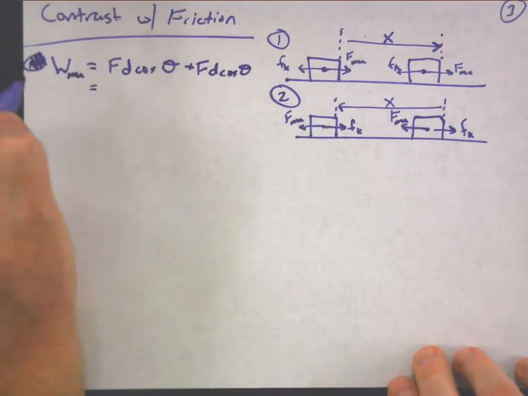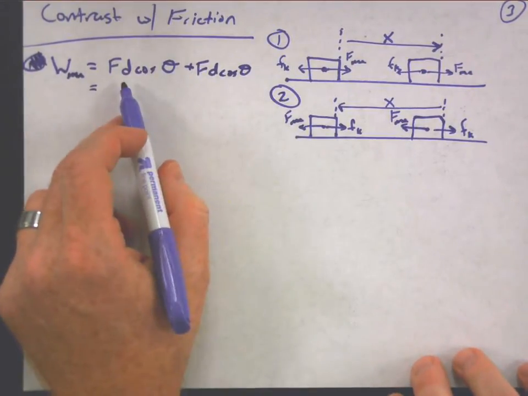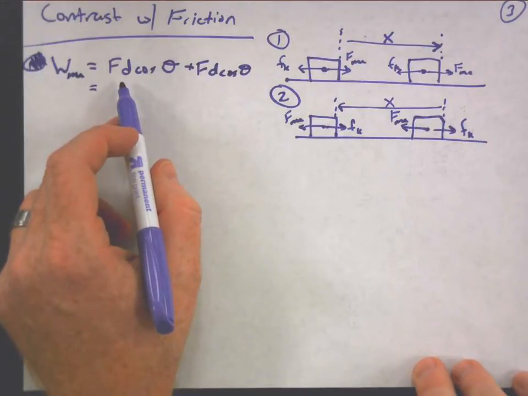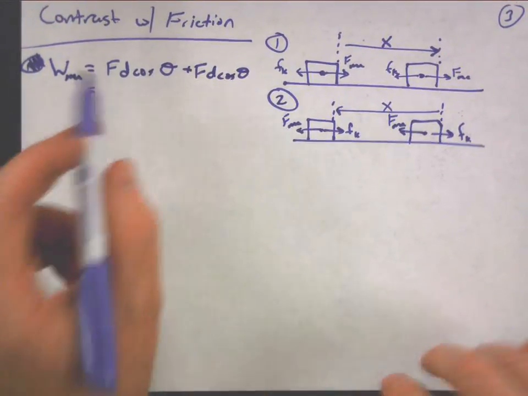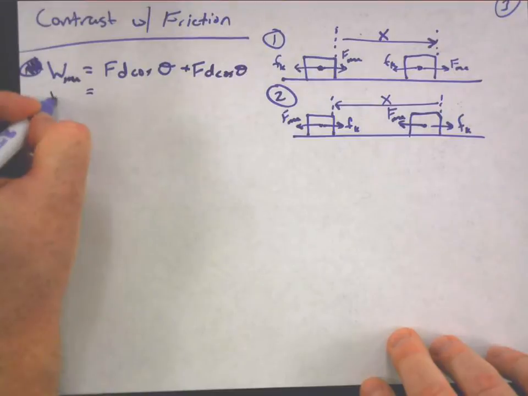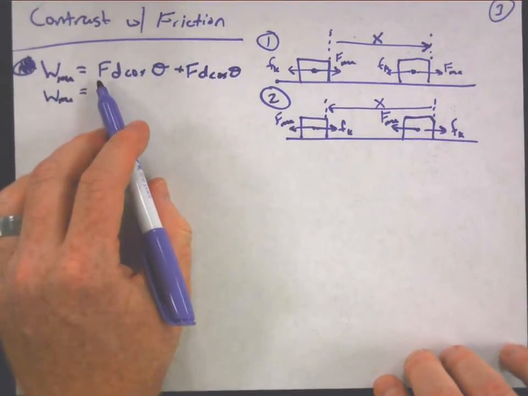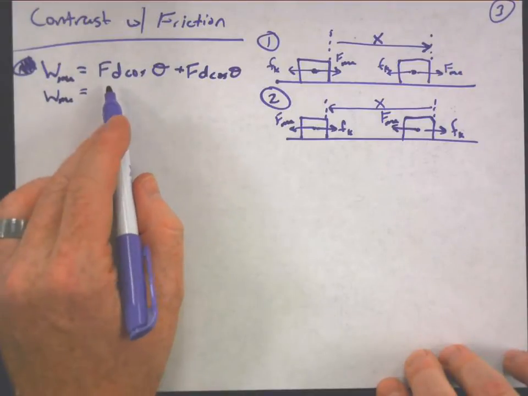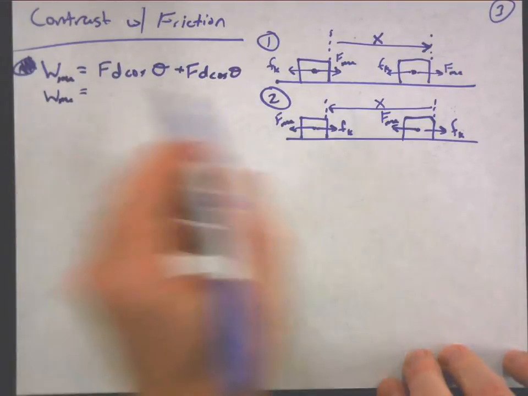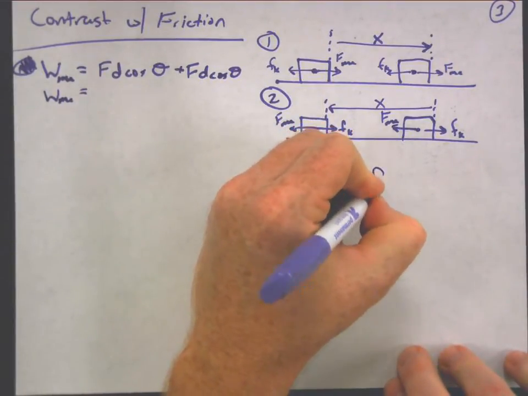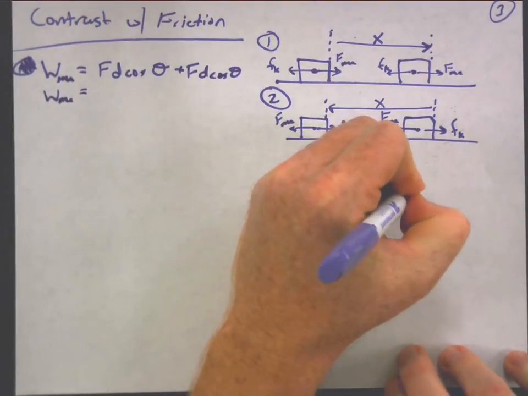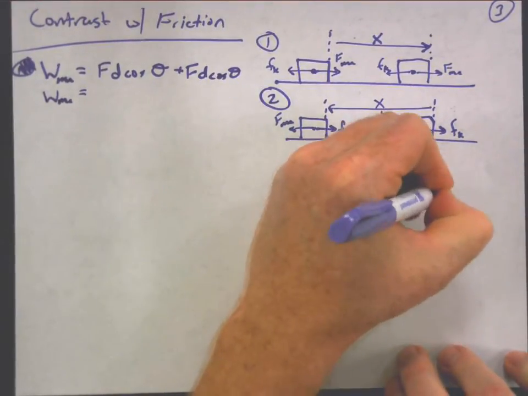And so, how much work am I doing? How much force am I applying? I have to overcome the kinetic friction. Kinetic friction force is coefficient of kinetic friction times normal force.